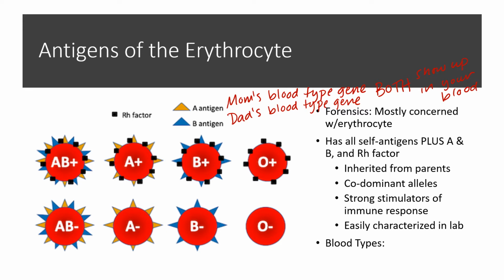Again, that's a super loose way of describing it, but for our purposes for now, until we explain it later on, this will suffice. You get a gene for your blood type from your mom and a gene for your blood type from your dad, and together they both show up and make your blood type.